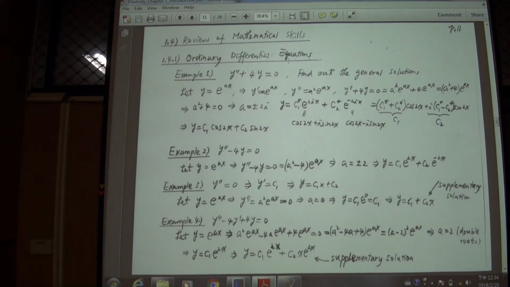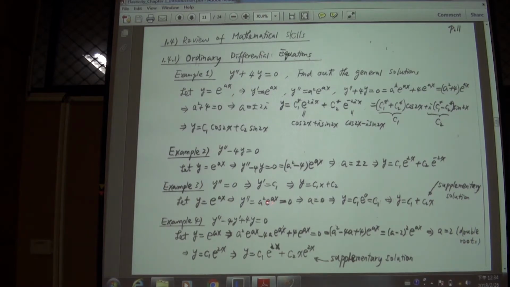We can also find this solution another way. If we let y equal exponential ax and put this into the equation, y double prime equals a squared exponential ax, because we differentiate it twice. So we get this form.